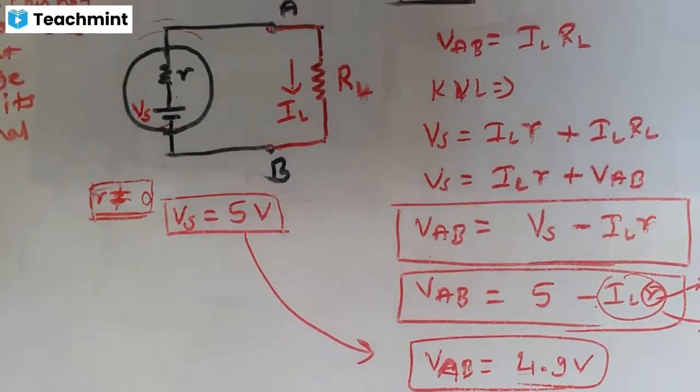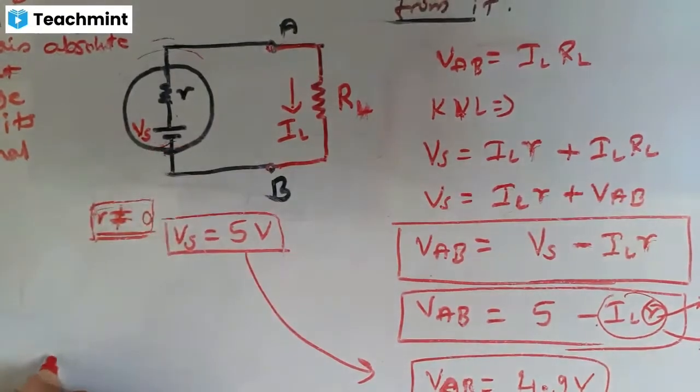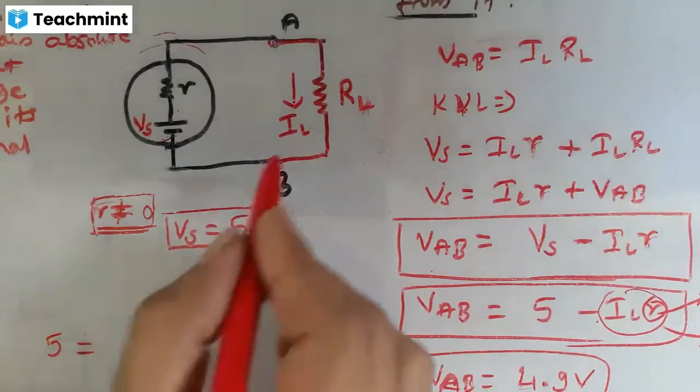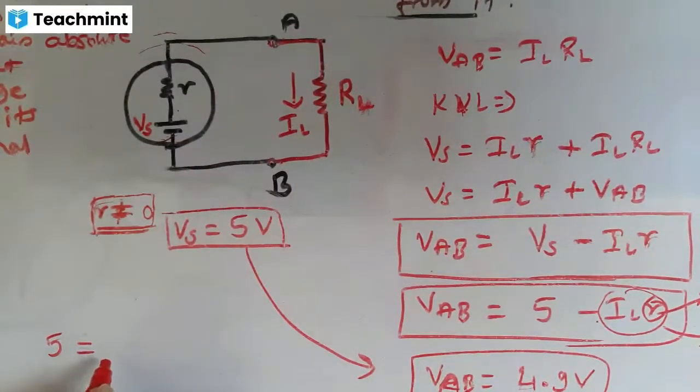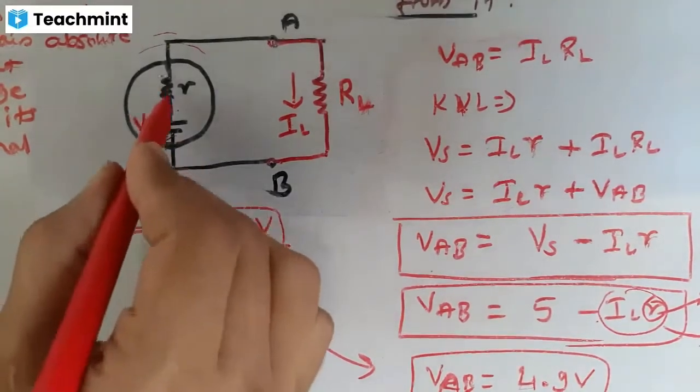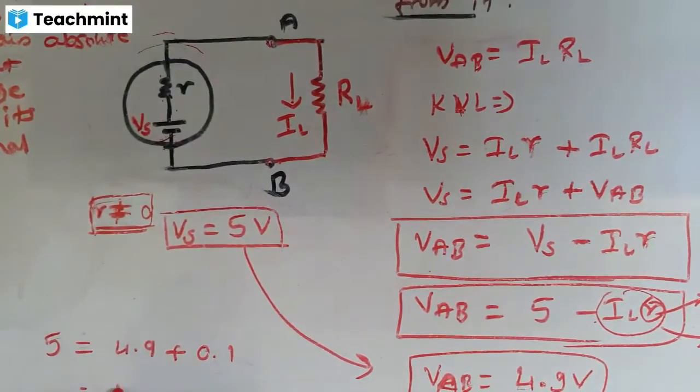So you can see here, the voltage source is 5 volt, Vs equals 5 volt. That 5 volt equals the voltage across AB, 4.9, plus the voltage drop across the small r, 0.1. So again you get 5 volt here.